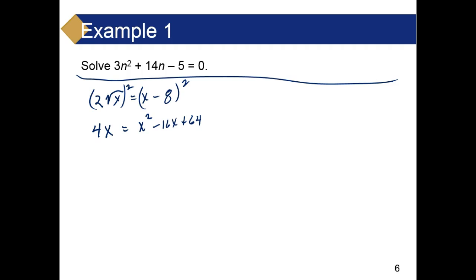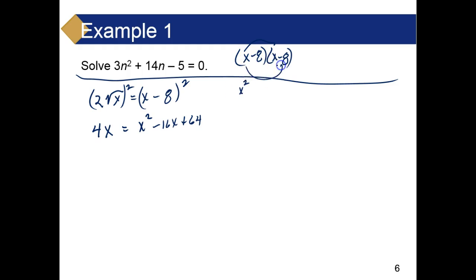Okay? Now, if you don't remember that rule, still pretty easy to do. What could you do? X minus 8 times x minus 8. That's what it means to square something. Multiply it by itself. Okay? And then here we have x times x is x squared.